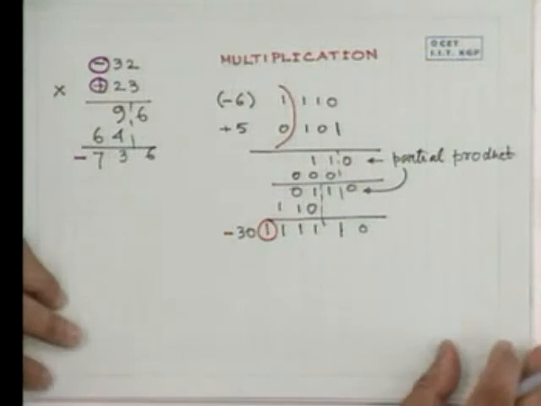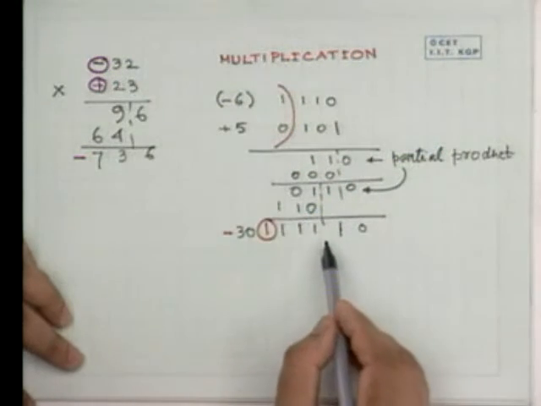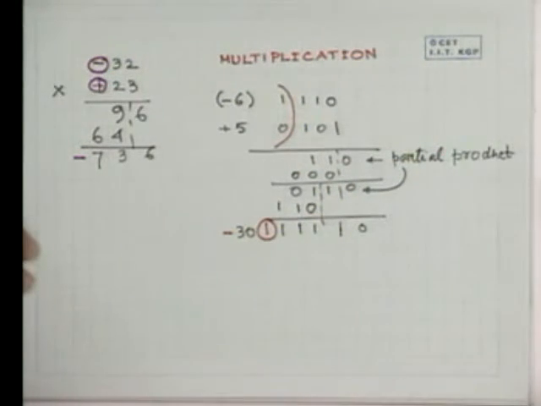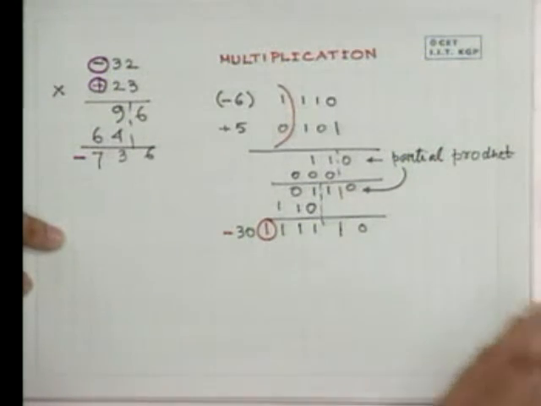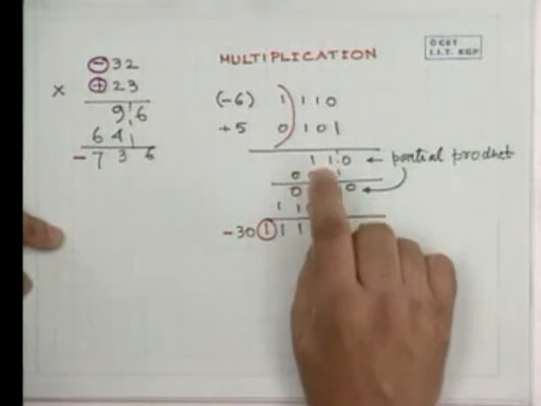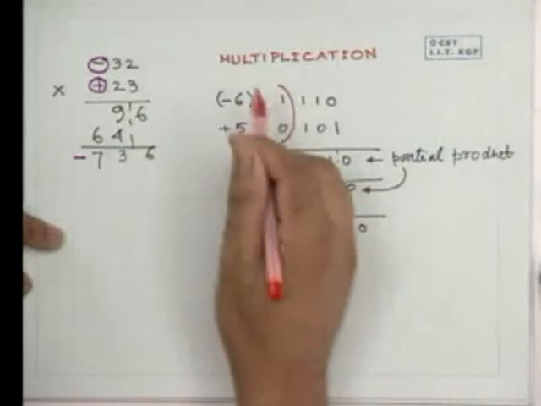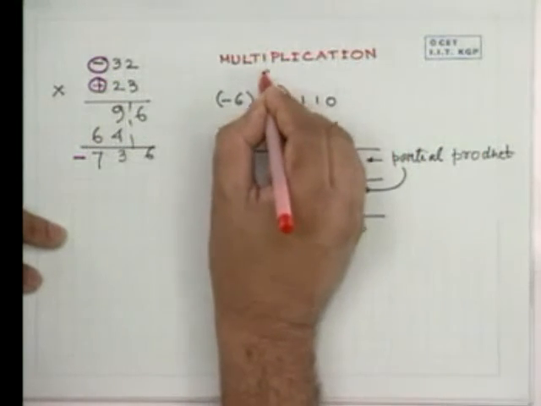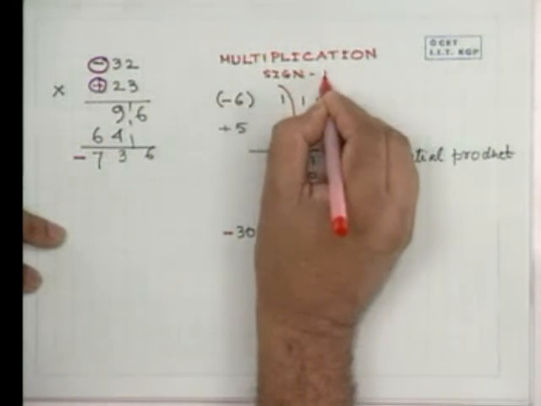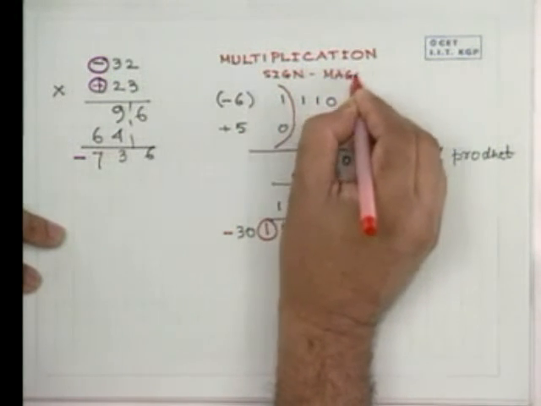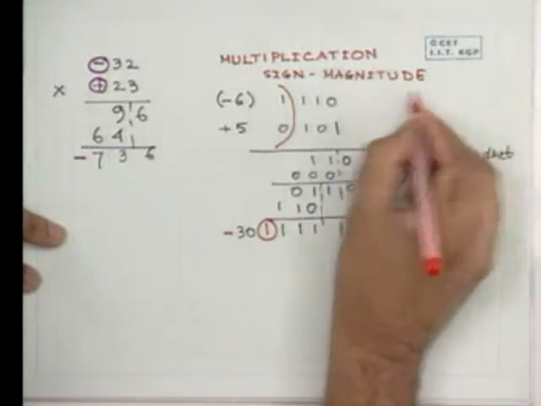Now, let's see what basic hardware is needed to do multiplication in this way. That means addition and shifting are the two operations that we need. We are talking right now of multiplication in the sign magnitude representation.